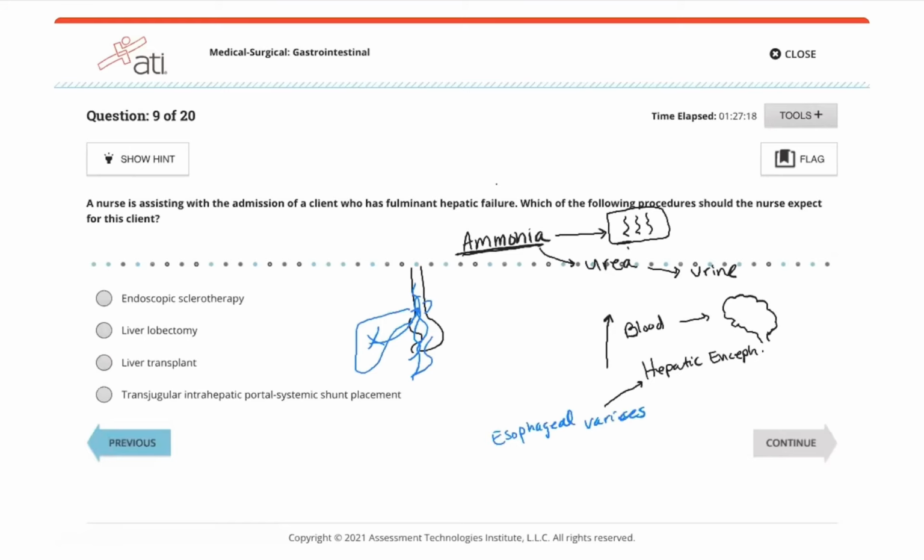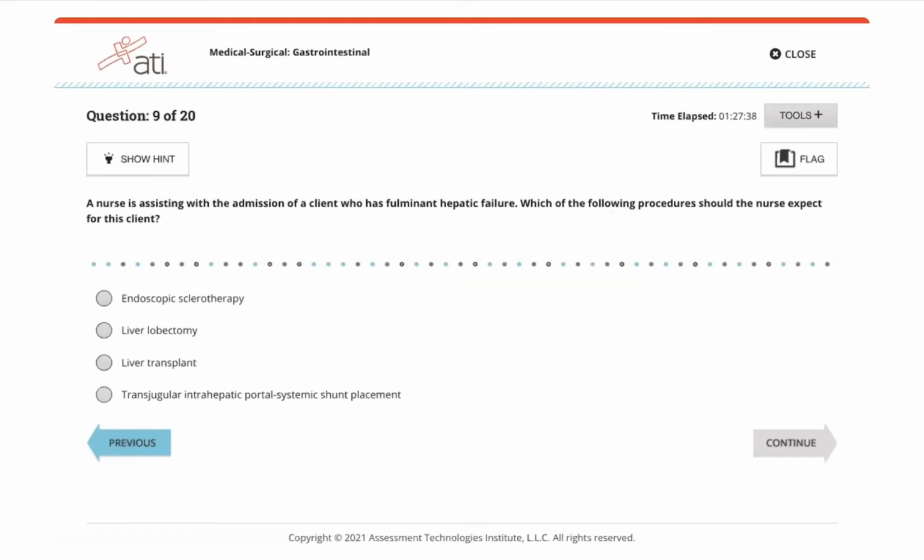Yes. That's another potential issue with hepatic issues. So this question is just asking you, what do you think is going to be the treatment? What procedure? Endoscopic sclerotherapy, liver lobectomy, liver transplant, or transjugular intrahepatic portal system shunt placement, which I'll discuss in just a bit. Take a guess, Mr. Tayo.